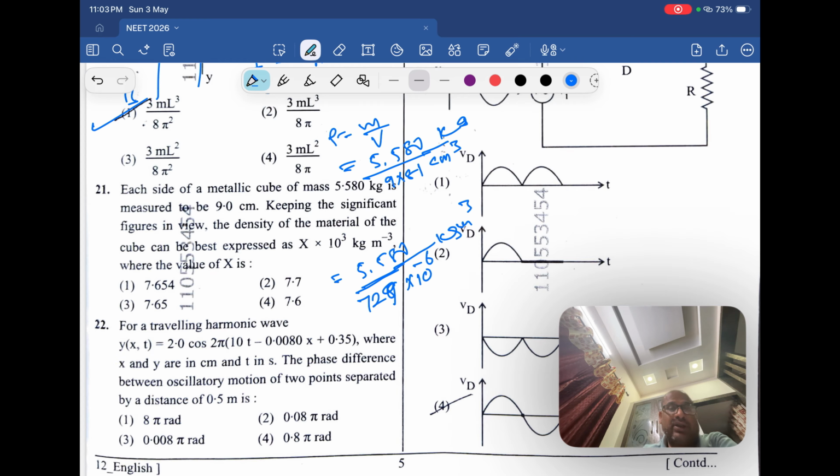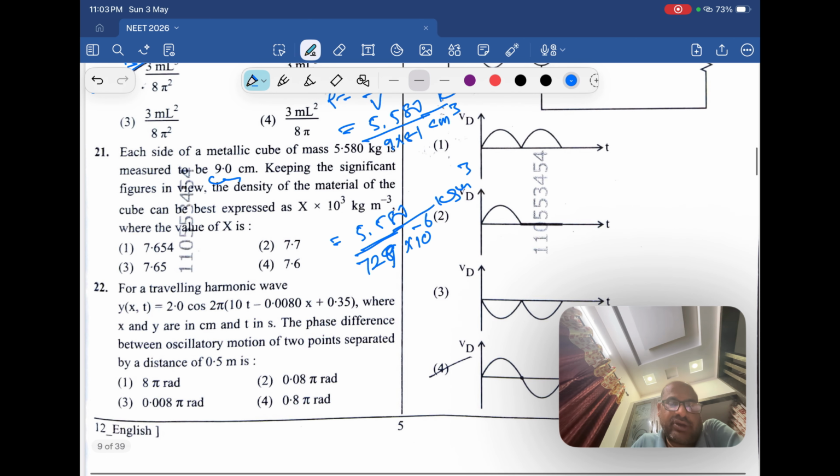But see, in multiplication and division we consider significant figures, and in multiplicands the least number of significant figures. So here 9.0 has 2 significant figures, the trailing 0 with decimal is counted. So you should round it off to 2 significant figures.